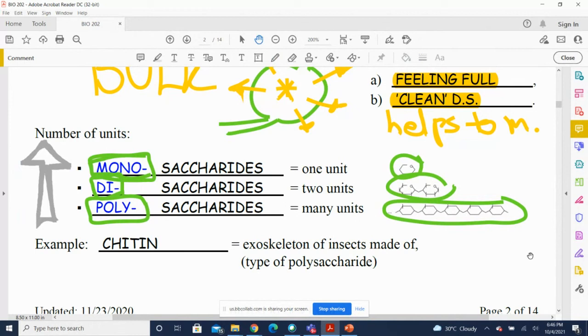It takes more steps to go through these chains of multiple subunits of saccharides, so this process will take a longer time, and that will ensure that we have these resources available for whenever you might actually need them.